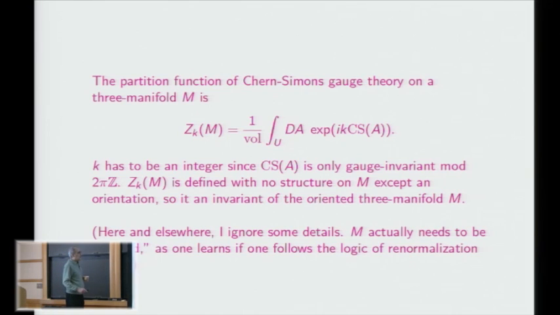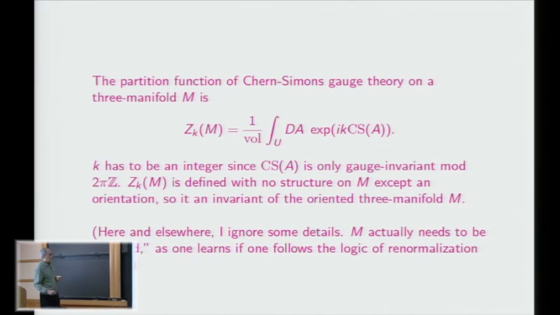And then, formally, we consider the path integral over the space of all connections. U is the space of all connections. We integrate over all connections. We divide by the volume of the gauge group. We're just imitating quantum gauge theories as used in particle physics, except that we're in 3 dimensions instead of 4, and the action is the Chern-Simons action instead of the usual action.